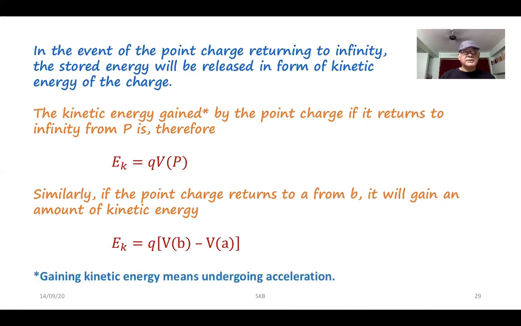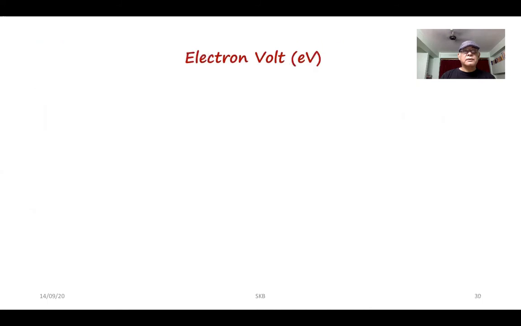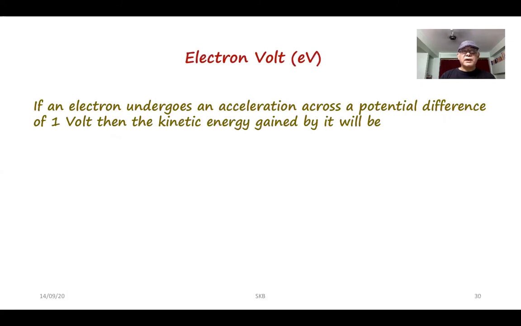Regarding the asterisks, gaining kinetic energy means undergoing acceleration. Electron volt, in short, eV. If an electron undergoes an acceleration across a potential difference of 1 volt, then the kinetic energy gained by it will be E_K equal to e into 1 equal to 1.6 into 10 to the power minus 19 joule.